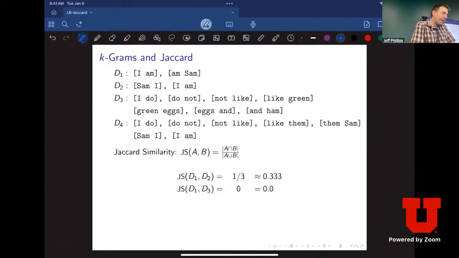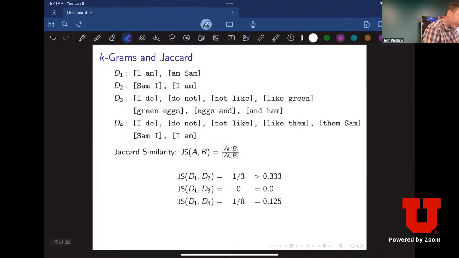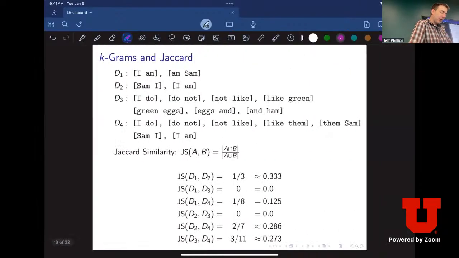If I do D1 and D4, I get 1/8 because there's an overlap of "I am" that shows up in both of these. That's the 1 here, and then there are 8 other things. In general, here's the Jaccard similarity between all 6 pairs among the 4 sets I have here.